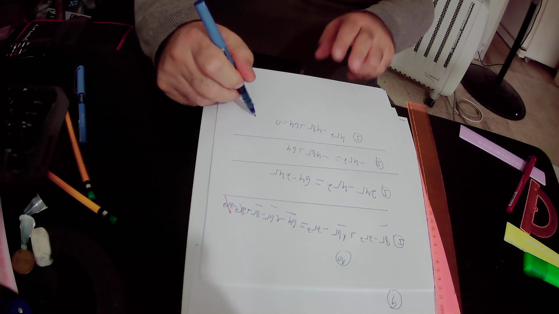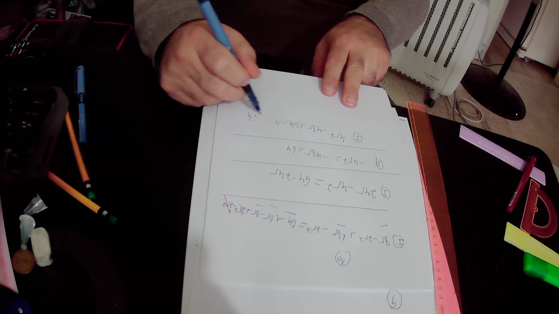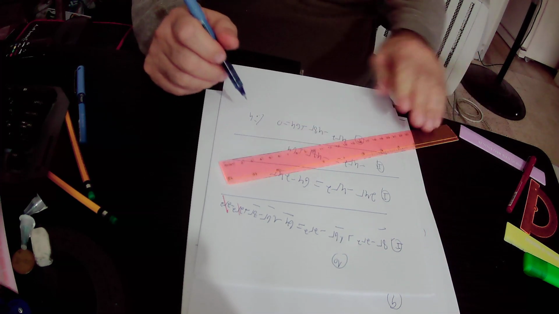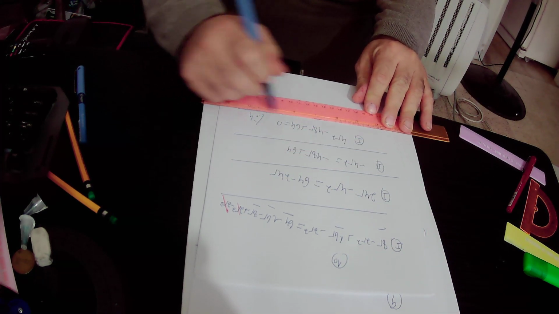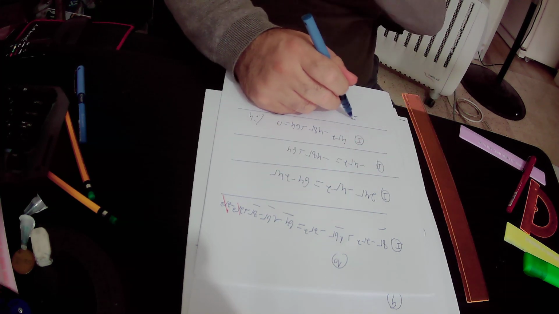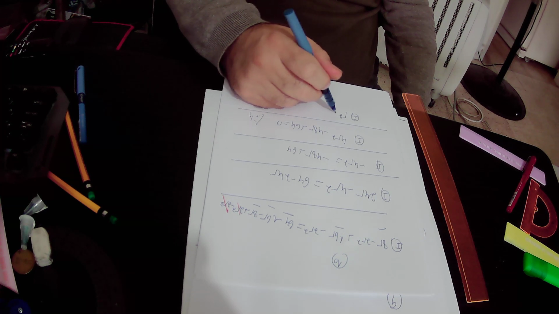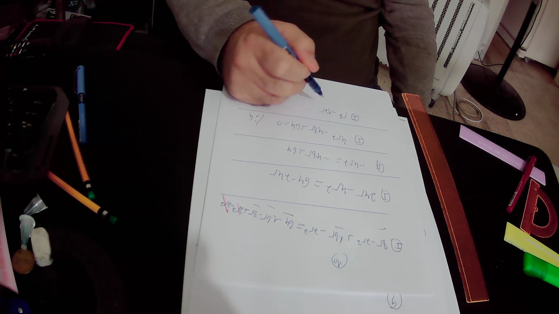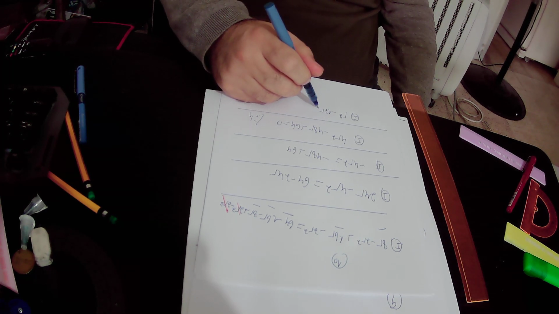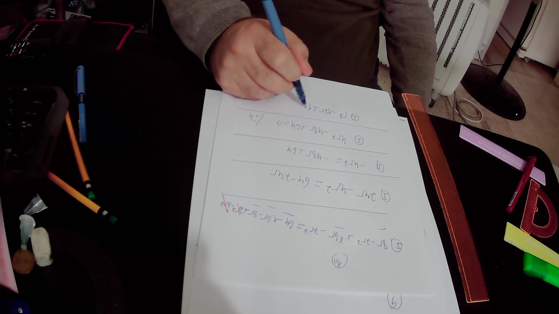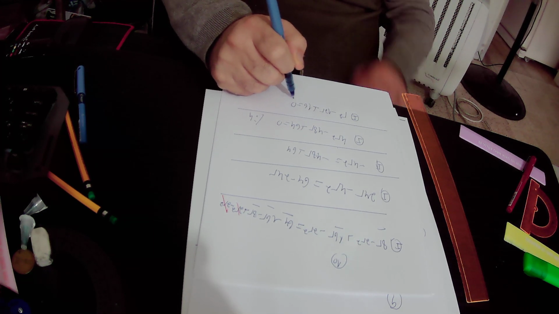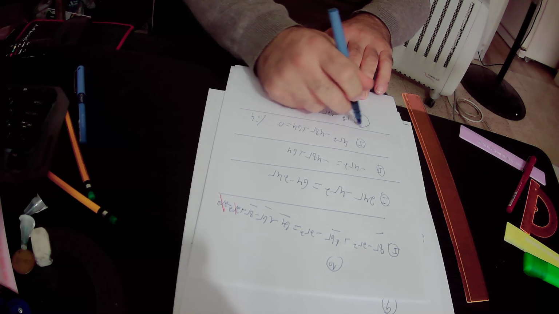Here we will divide this equation by 4, and we will get that r squared minus 12r plus 16 equals 0. So this is our quadratic equation.